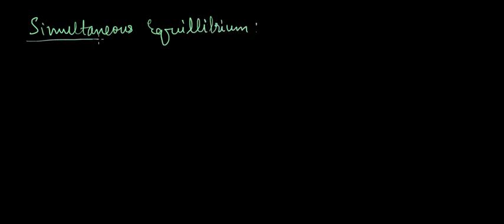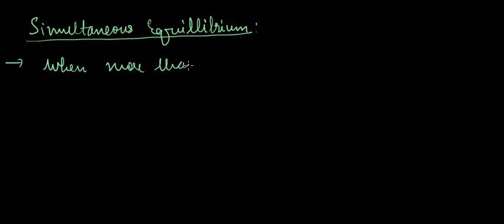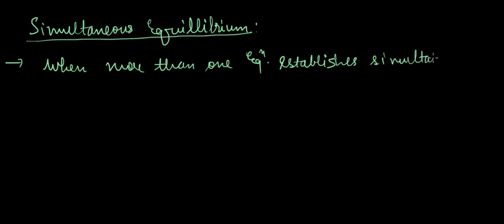Okay, so in here we can say that when more than one equilibrium establishes simultaneously in a vessel, then a condition of simultaneous equilibrium exists or comes into the picture.